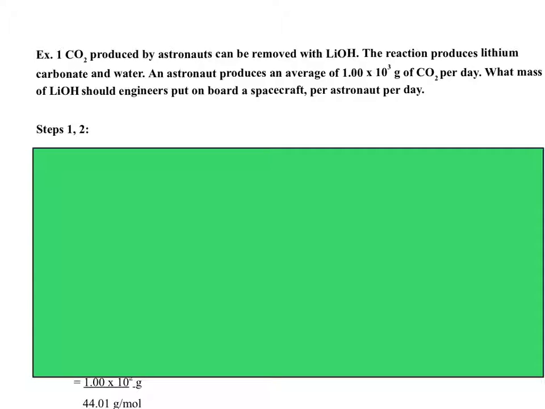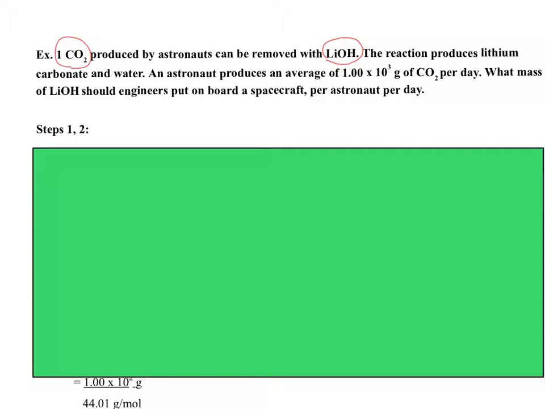So this is kind of crucial that you know how to do this type of reaction, because you can't just say, here you go, here's some more lithium hydroxide if you get the amount wrong, because they're up in space. So, carbon dioxide is produced by astronauts, can be removed with lithium hydroxide.